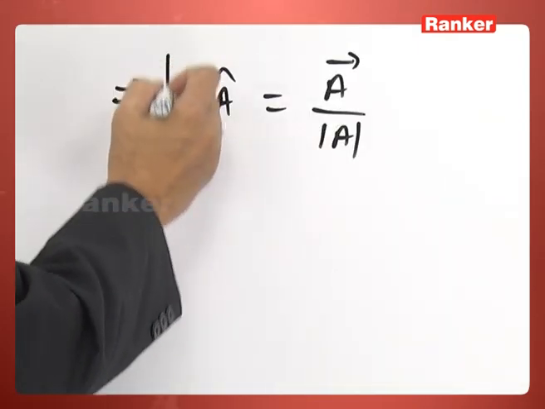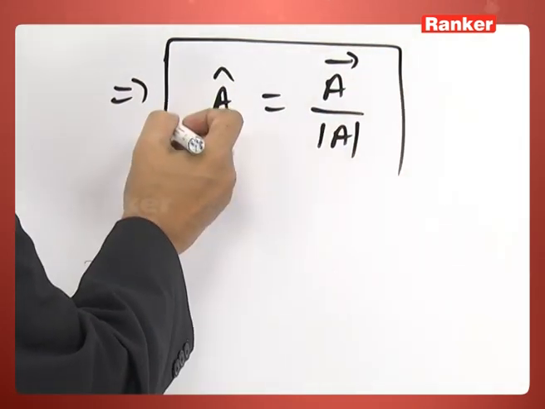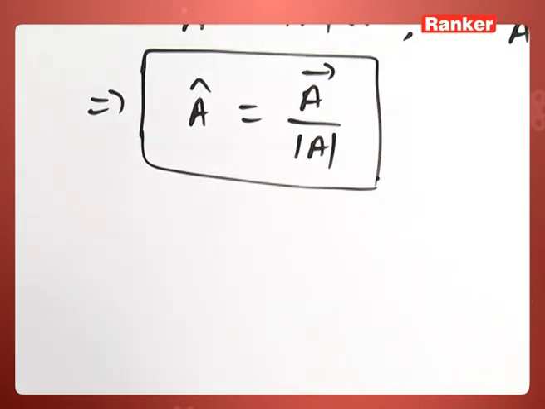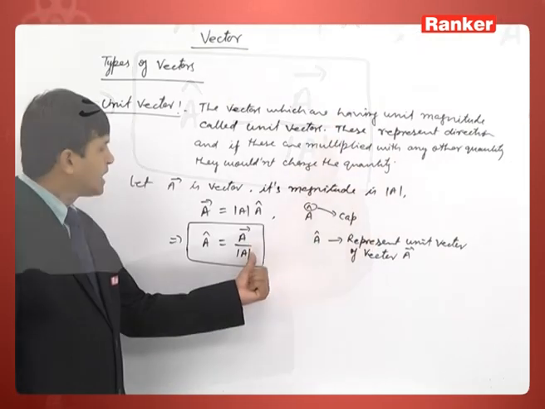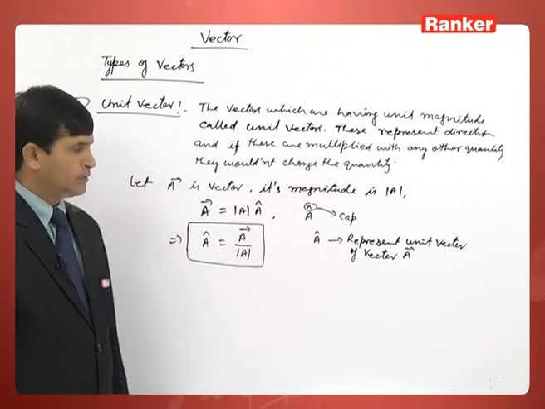So, whenever we have to represent a unit vector, we write the vector and divide it by its magnitude.